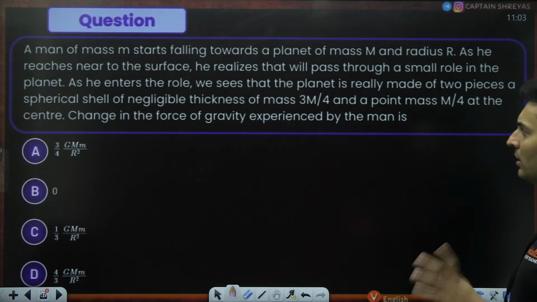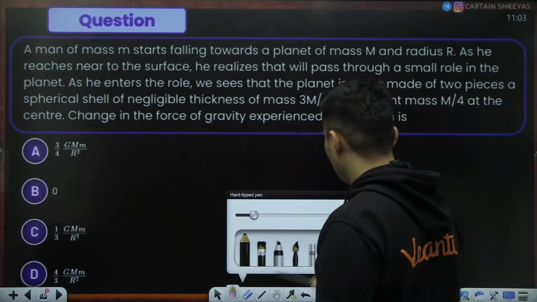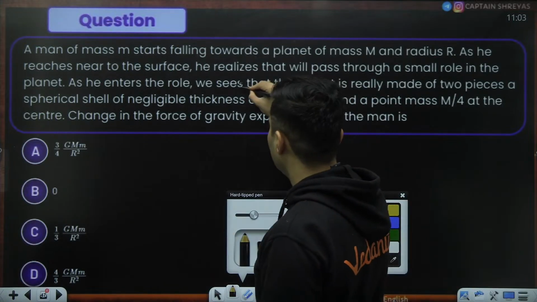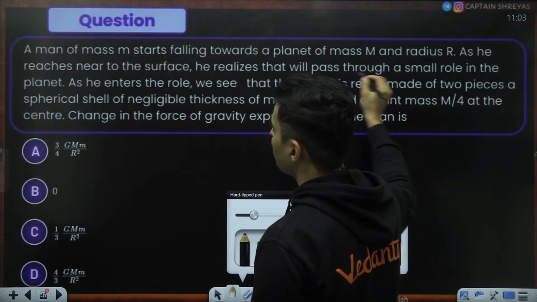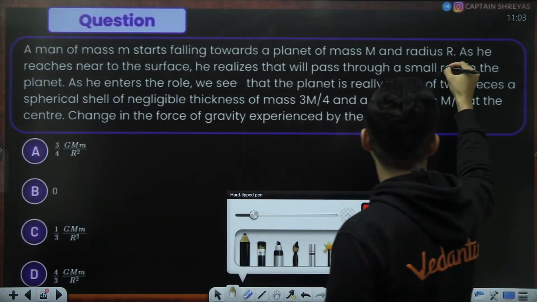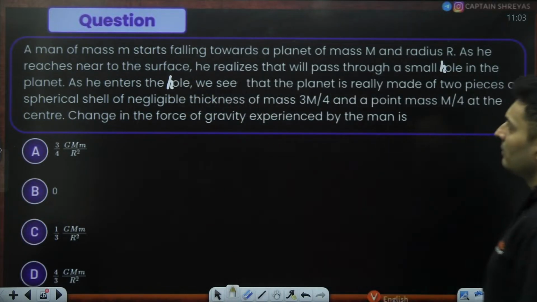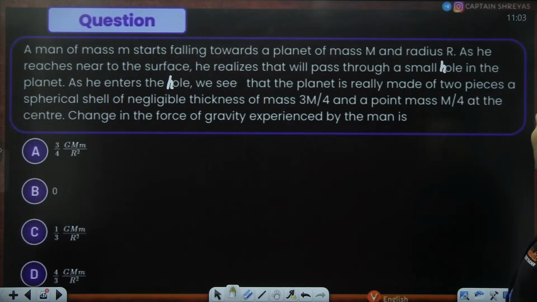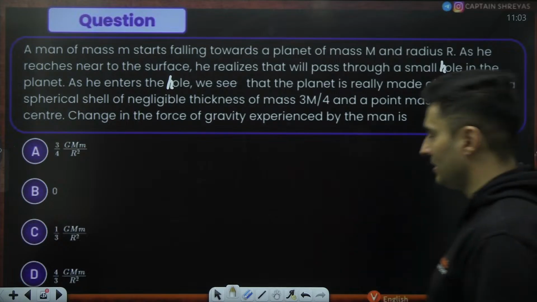As he passes through the hole, we see that the planet is really made of two pieces, a spherical shell of negligible thickness of mass 3m by 4 and a point mass m by 4 at the center. The change in the force of gravity experienced by the man is how much?